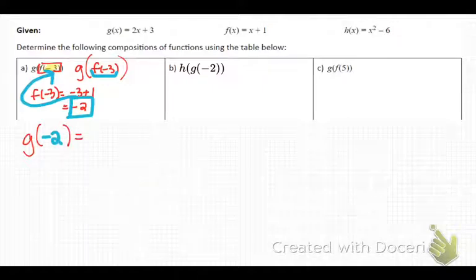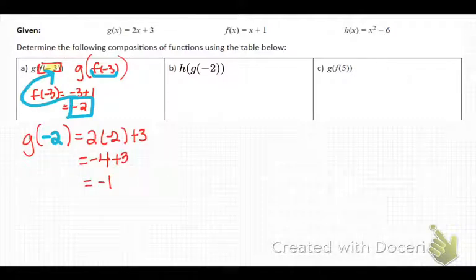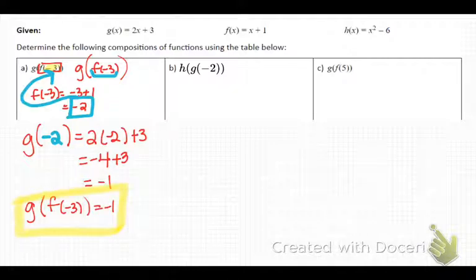So that is 2 times negative 2 plus 3, which is negative 4 plus 3, which is negative 1. So that means that G of F of negative 3 is negative 1, and that will be my final answer, okay? Okay, to continue, next I have H of G of negative 2.